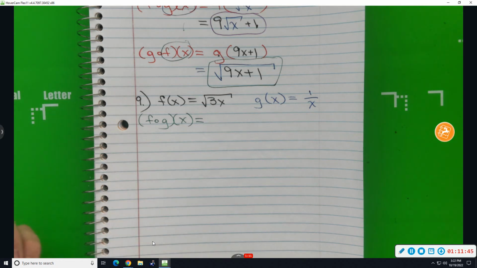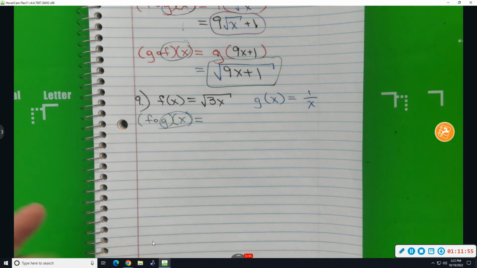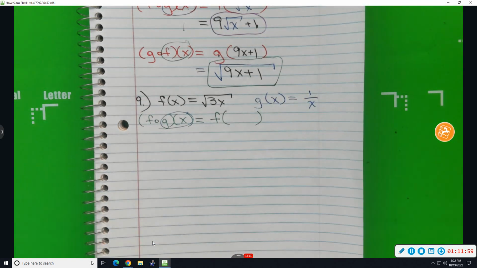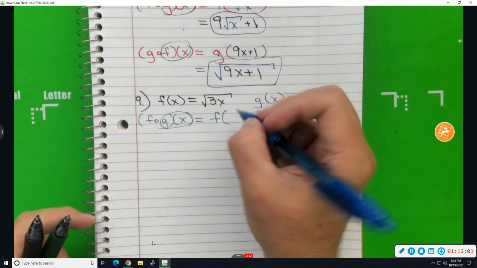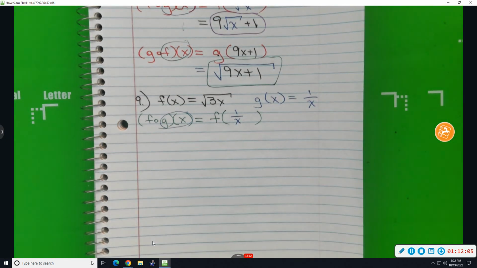So first of all, f composed with g of x. What's the inside function? G of x, I agree. So f is outside, and 1 over x is on the inside. So we have f of 1 over x.